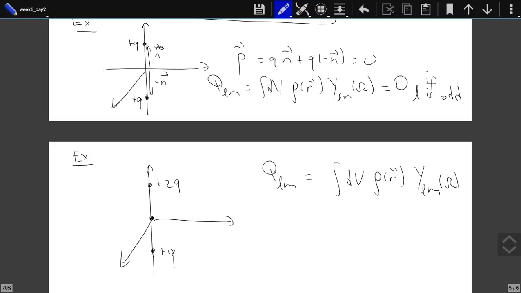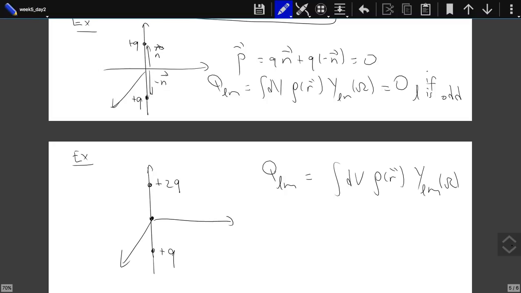No? Each one. Each one is equal. If L is odd, then Q_lm is 0 for all M. Or maybe I am wrong. I don't know. And simply plug in the expression for Y then. Should have it. Well, how many of them would you like to try?